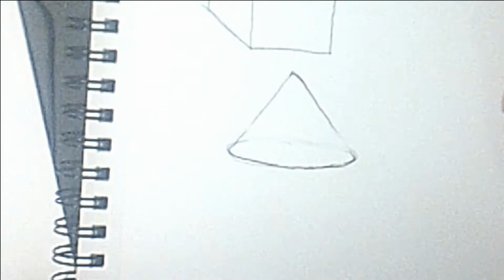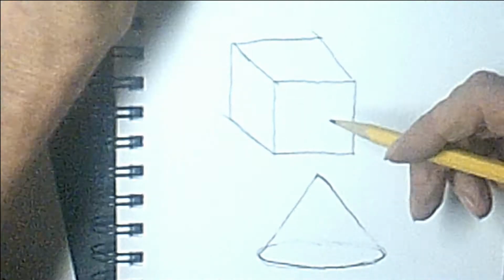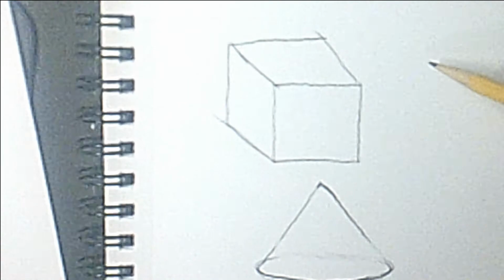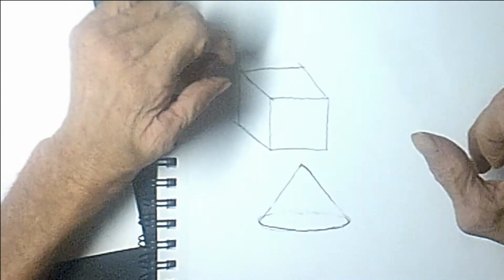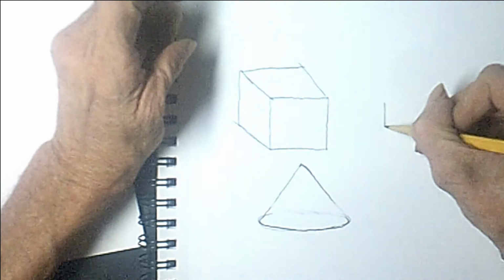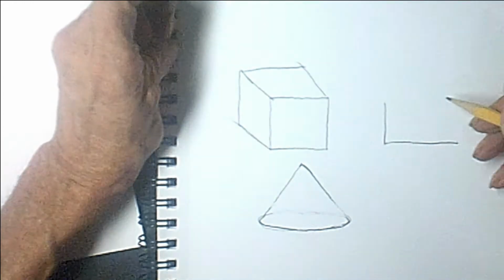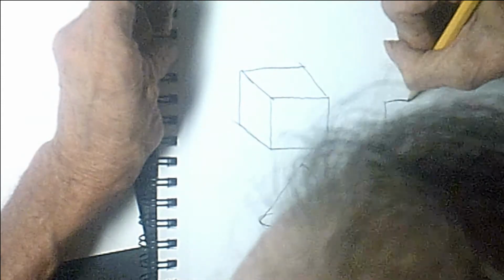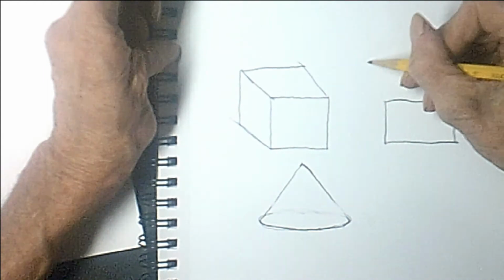Now, what if we want to take this box that we have here? We want to see more of the top view of it and less of the front. Well, first off, we have to compress the front. We compress this square, we're going to end up with a rectangle. Now, because we want to see more of the top, we have to make our lines longer.